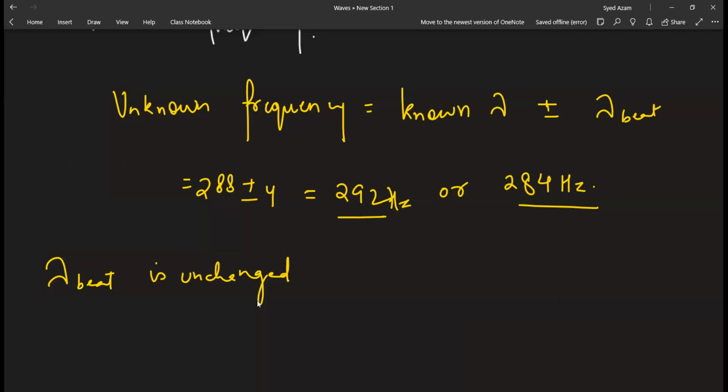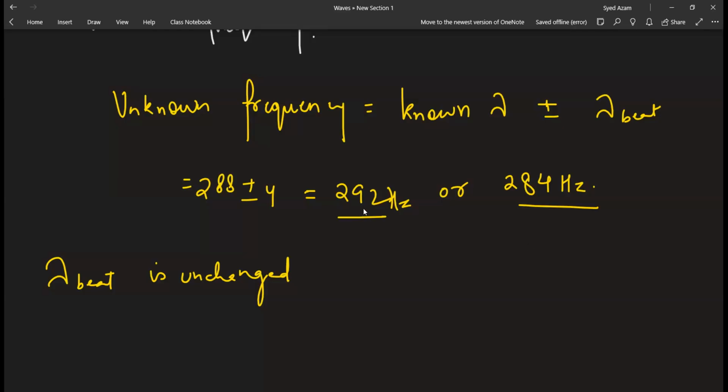We have seen for the prongs filling and loading with wax case, so you could easily pick plus out of plus minus. Now in this question it is saying it is remaining unchanged even on loading the fork, right? Of the two possible frequencies, one must be the initial frequency, and the other would be the final frequency.